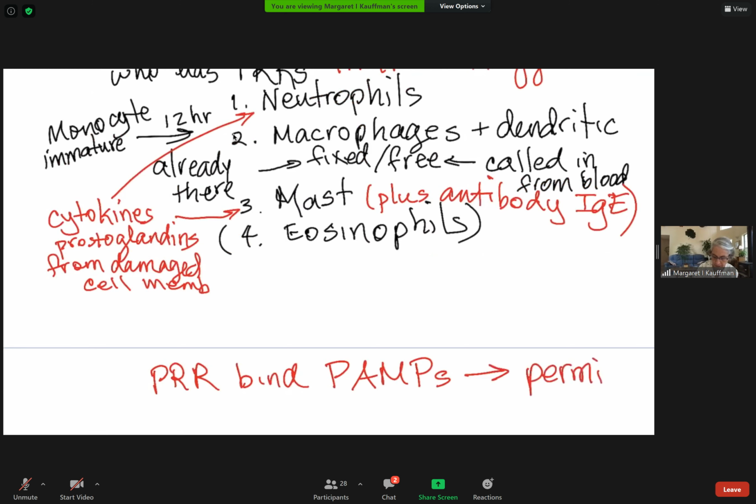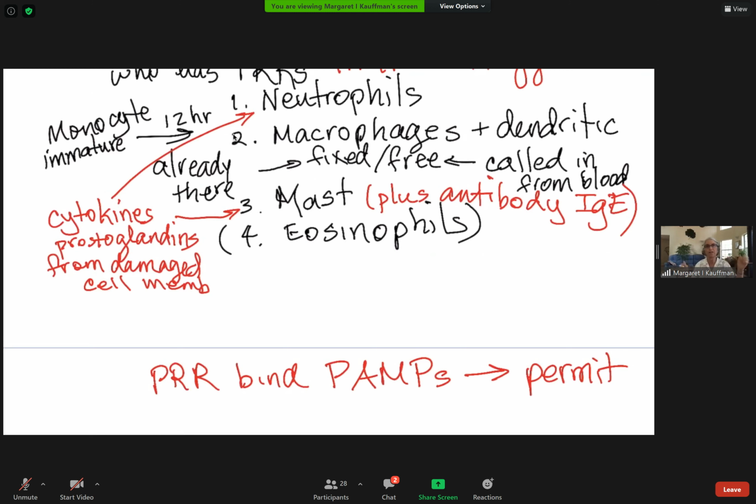If you don't have that, all the cytokines are going to do is let you release whatever granules you have. If you're a macrophage, you might have some defensins or lysozymes inside of you, and cytokines could get you to release more of those things. But in order to actually phagocytize, you have to bind.